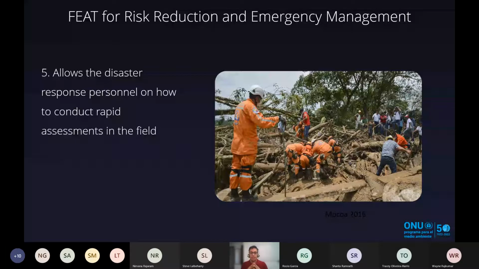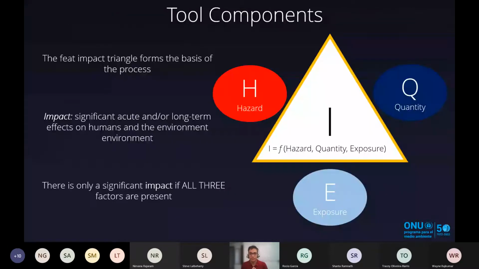So the FEAT tool is based on a triangle of impacts. The impact at the end that you will find after putting in the information is a function of hazard, quantity, and exposure. If you have the three of them, you have the impact. If you lack only one of them, you don't have any impact. For example, let's say you have a hazard, a chemical, you have a quantity, it is stored, but you don't have exposure, you don't have an impact.